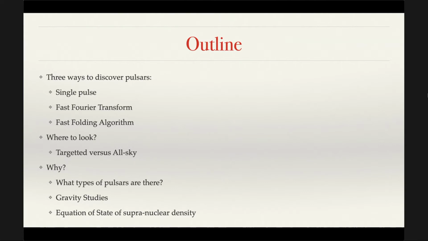I'm going to spend the first half talking about technical approaches, talking about the techniques that we use, such as single pulse techniques, using the fast Fourier transform, and using the fast folding algorithm to try and find pulsars. And then I'm going to talk a little bit about where we want to look. So where do we think we should best spend our telescope time? So it's a really hard choice to make, and so we'll be talking about that a little bit.